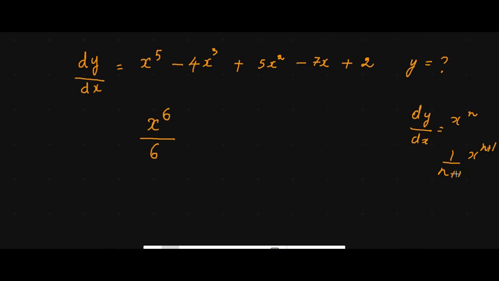I want to make sure that that is the formula. And in this case, obviously, you are going to have a plus c, right? There is a plus c here, okay?